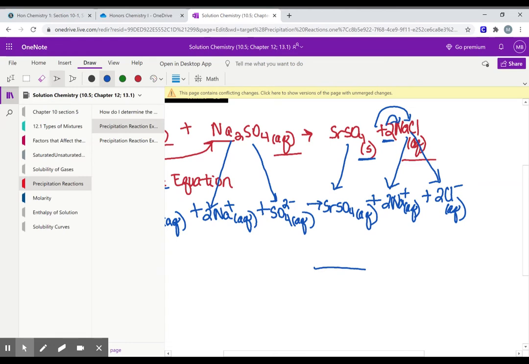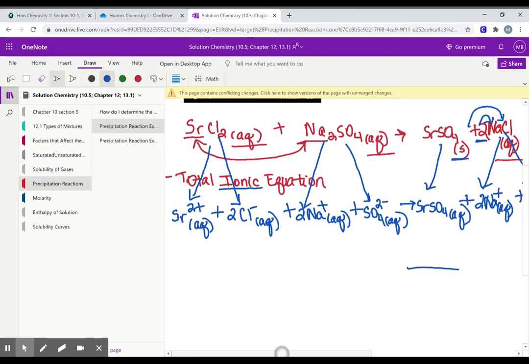All right, so we go from a balanced equation to a total ionic equation. And then once we have our total ionic equation, we are going to identify spectator ions.